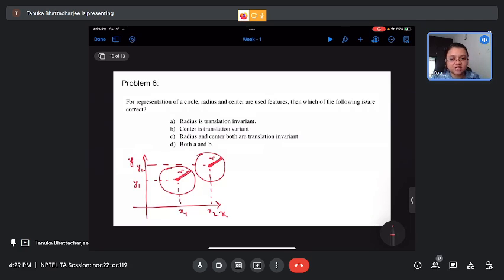The options are: radius is translation invariant, which is true. Center is translation variant, which is also true. Radius and center both are translation invariant is false, because the center is not translation invariant. So the correct option is both A and B: radius is invariant to translation, but the center point is not.